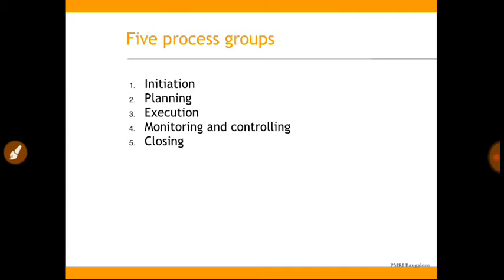Then we get into execution, which is nothing but the implementation of the plan. And while doing all these things, we'll be performing the monitoring and controlling part of the project. And at the end of every phase, which includes the completion of the project, we'll have formal closing of that particular phase and handover, takeover, those kind of things.